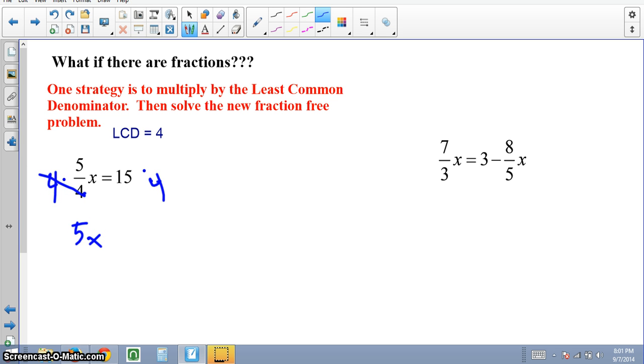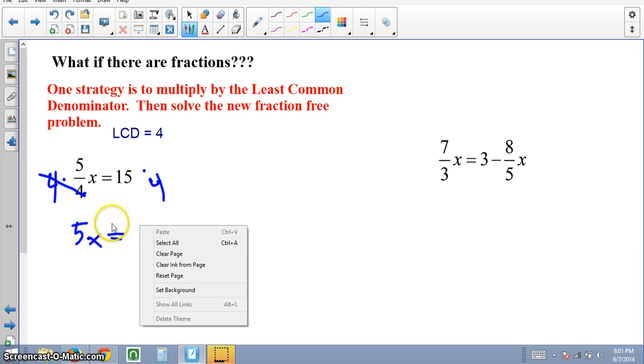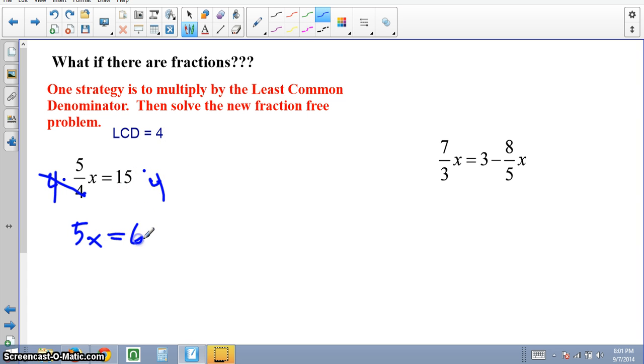Or you can think of it as, I won't write it out, but you think of this as 4 over 1, so you do 4 times 5 is 20, 1 times 4 is 4, so it's 20 over 4, which is 5. And then you just get 60 on the right. So you get 5x equals 60, so that means x has to equal 12.